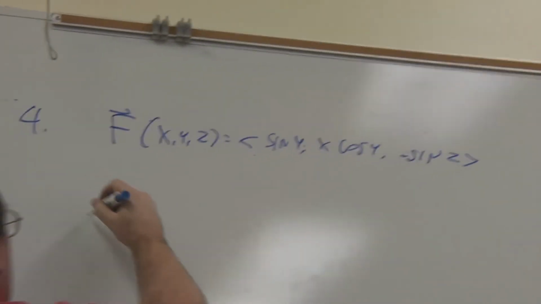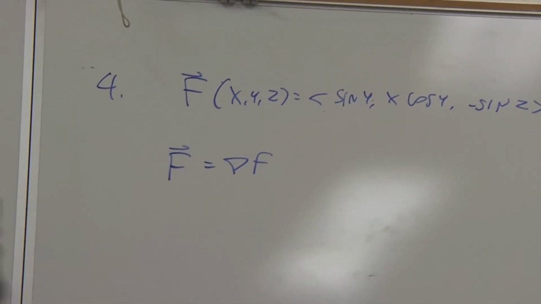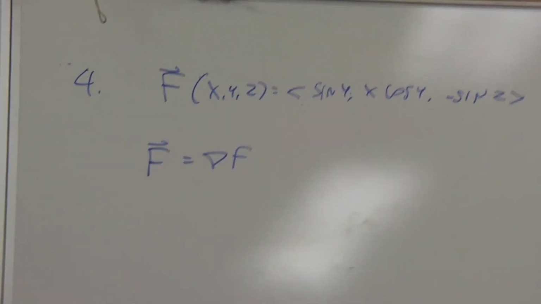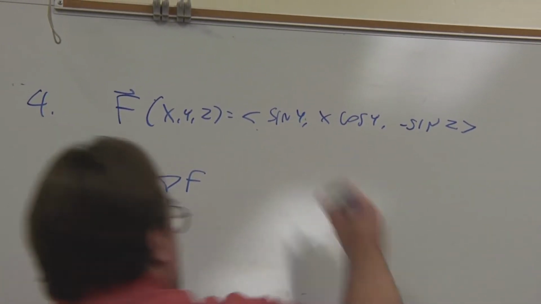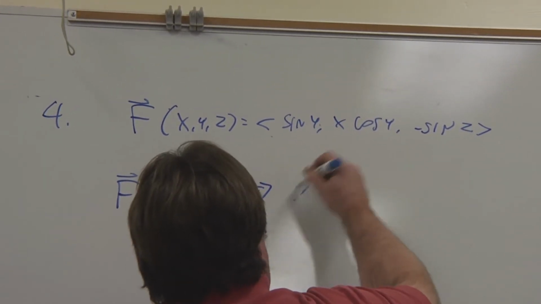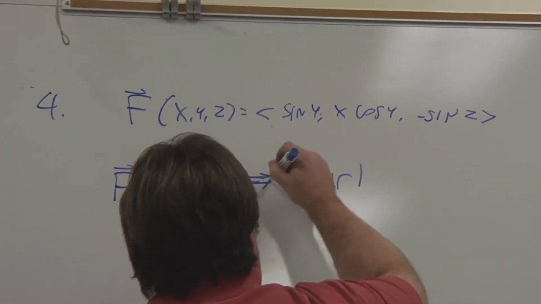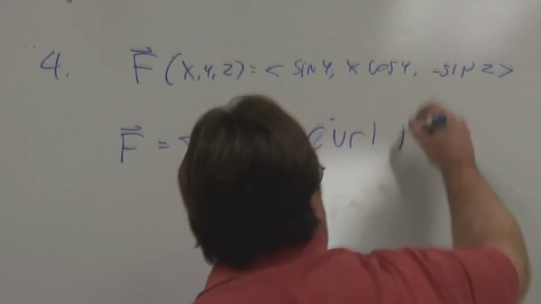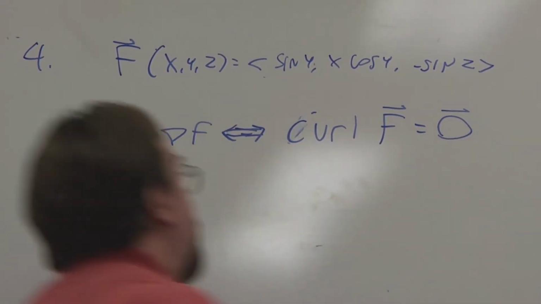Okay, so I need to show that it is conservative. That would be the curl, really, in most real cases, if and only if the curl of f is equal to the 0 vector.